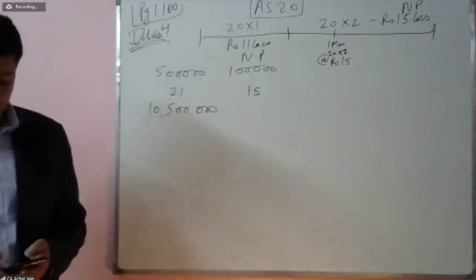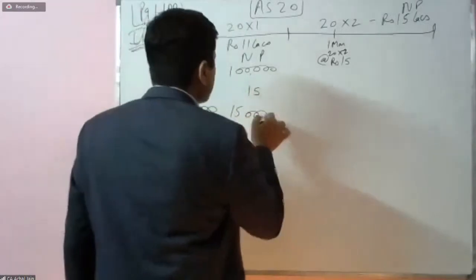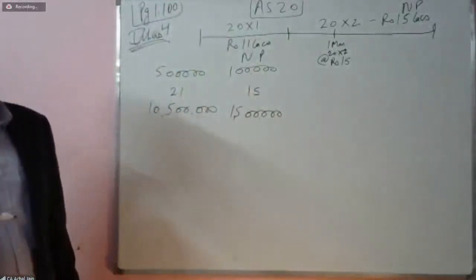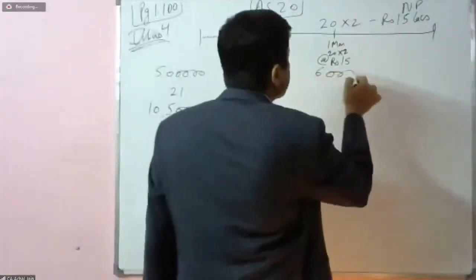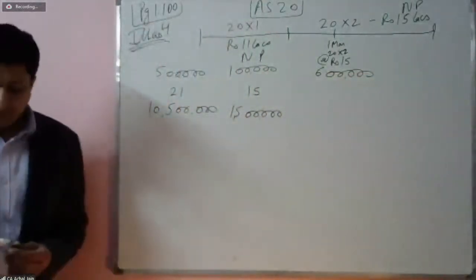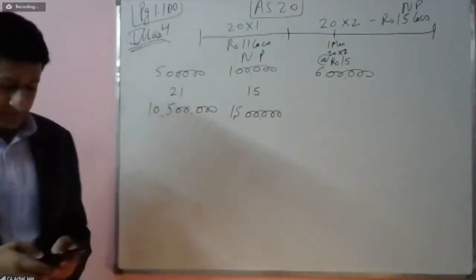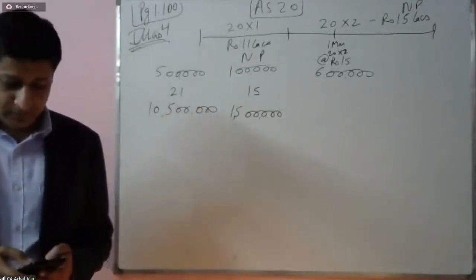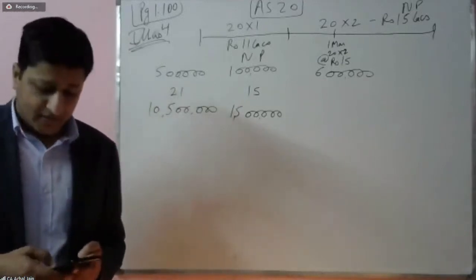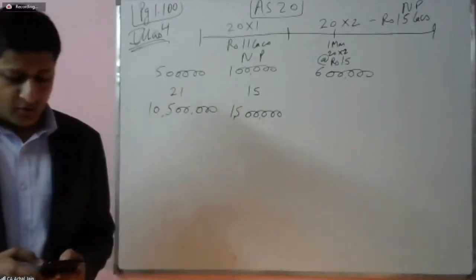And from the right issue, it's 1 lakh into 15, 15 lakh. After the right issue, what is the number of shares that we have? 6 lakhs. And the total value will be 1 crore 5 lakh plus 15 lakh. So this becomes 1 crore 20 lakh.